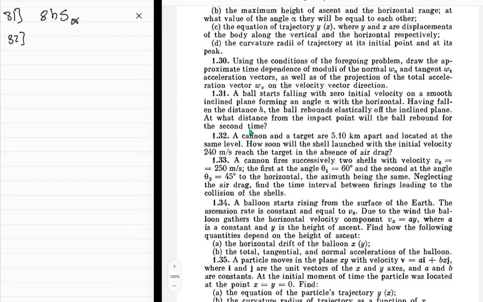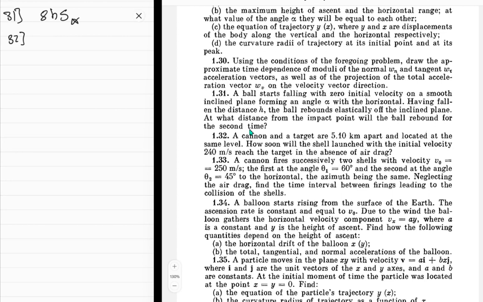Cool. So how soon will the shell launched with the initial velocity reach the target in the absence of air drag? Absence of air drag, fine.